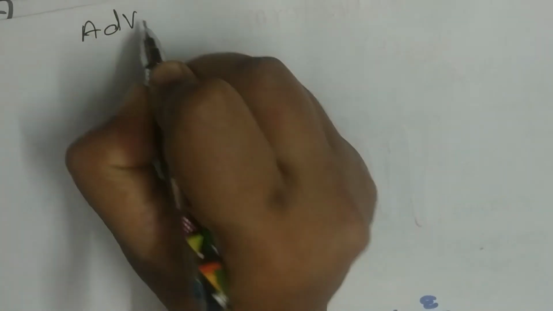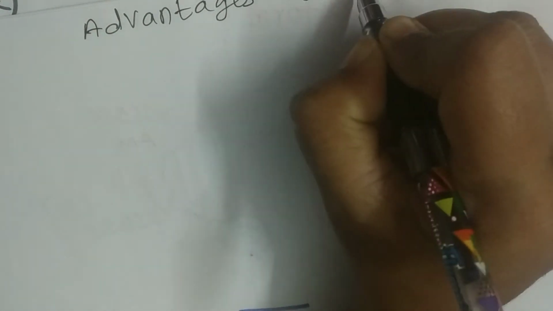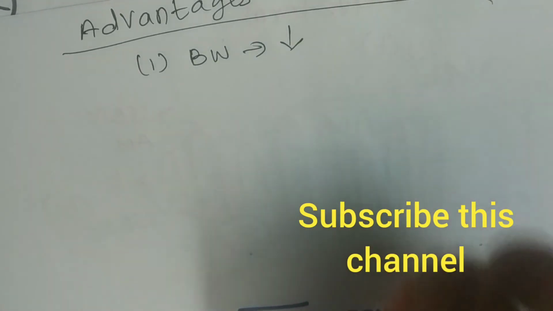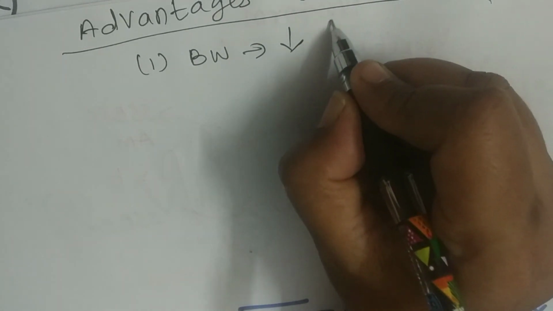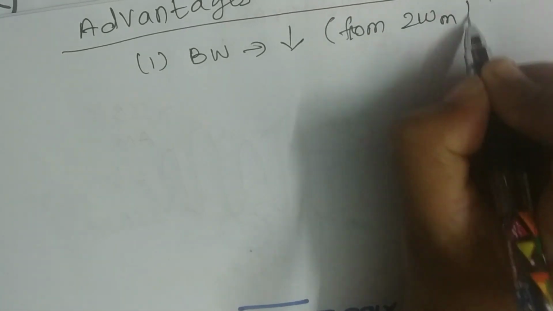Then we see some of the advantages of single sideband suppressed carrier amplitude modulation. One is that the bandwidth is reduced from 2 omega m to omega m.